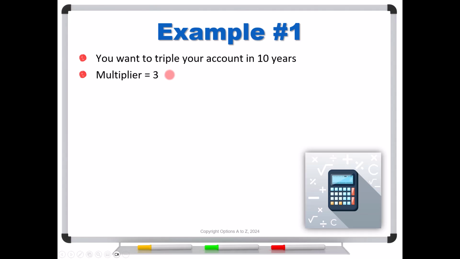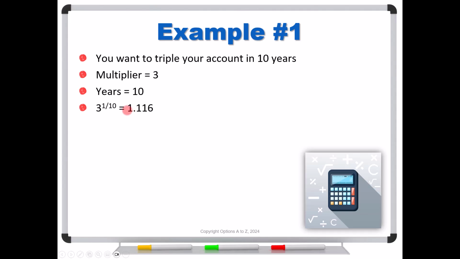Now remember, that would be a 200% increase. But for this, we want to know the multiplier. So the multiplier is 3. What's the number of years? It's 10. So now we're just going to take 3 raised to the 1 divided by 10. We're going to take 3, what's actually called to the 1/10 power, or for all the math people, the 10th root.